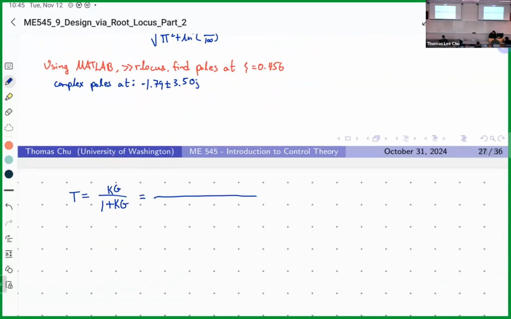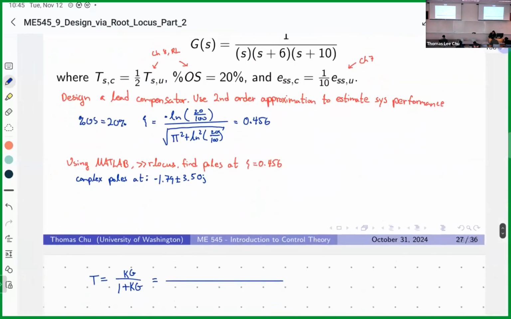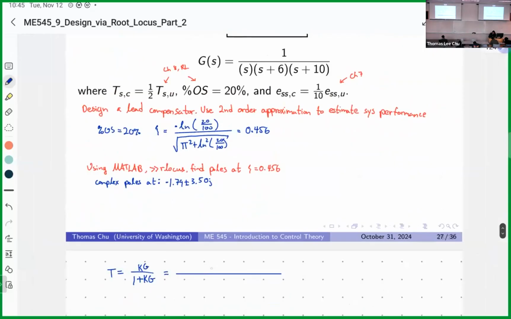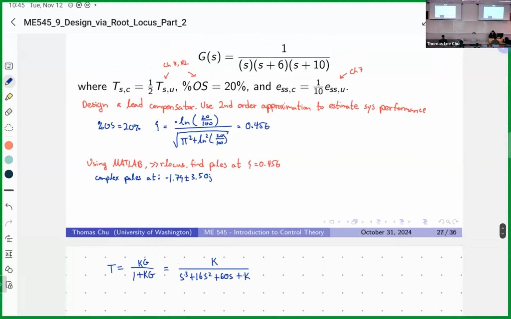When we work that out, we get k over s cubed plus 16s squared plus 60s plus k. Is that correct? I think we're good. That's the closed loop transfer function form.